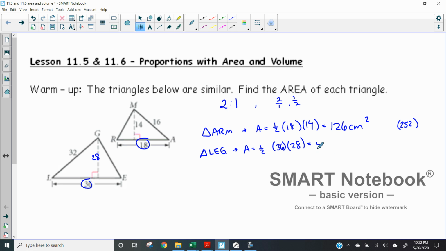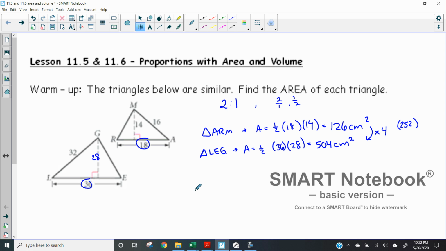We actually get 504 square centimeters for this one. So maybe surprisingly, even though the triangle side lengths double, the areas do not. Okay, there's a different relationship here that we're looking for. And it actually, in this particular problem, this is not how they always will look, but this is times 4.